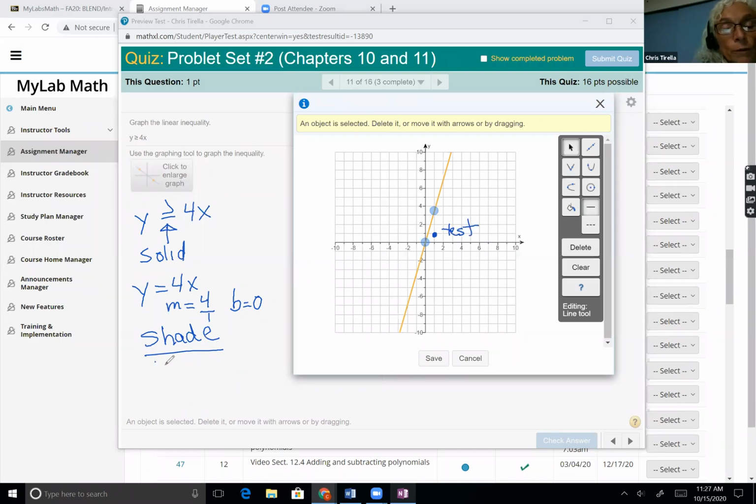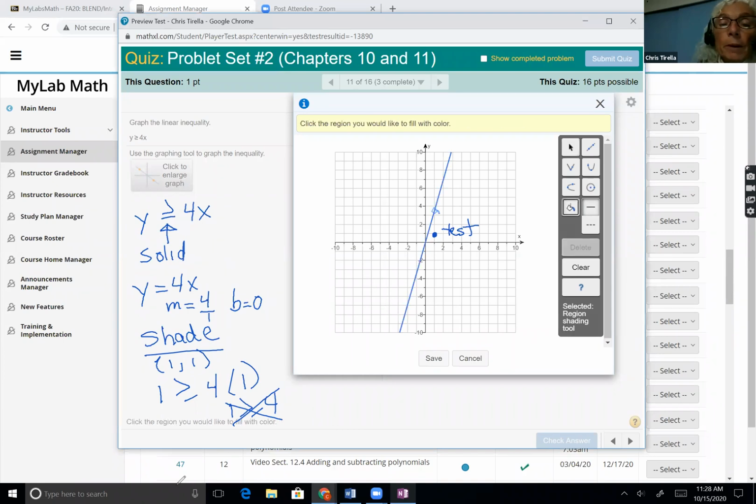When I substitute, is 1 greater than or equal to 4 times 1? Is 1 bigger than 4? No. And since it's not, I don't want to include my point, so I'm going to dump my bucket of paint on the other side of the line.